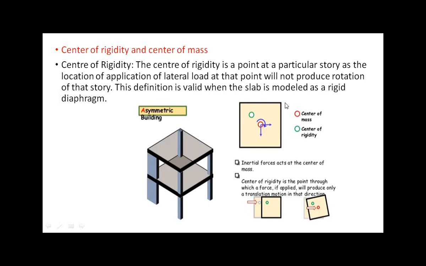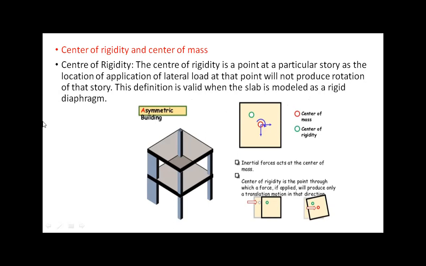The center of rigidity is a point at a particular story such that the application of lateral load at that point will not produce rotation of that story. Center of rigidity means, if we take a point on a story, then due to the application of lateral load at that point, there should not be any type of rotation produced. So that point is called the center of rigidity.